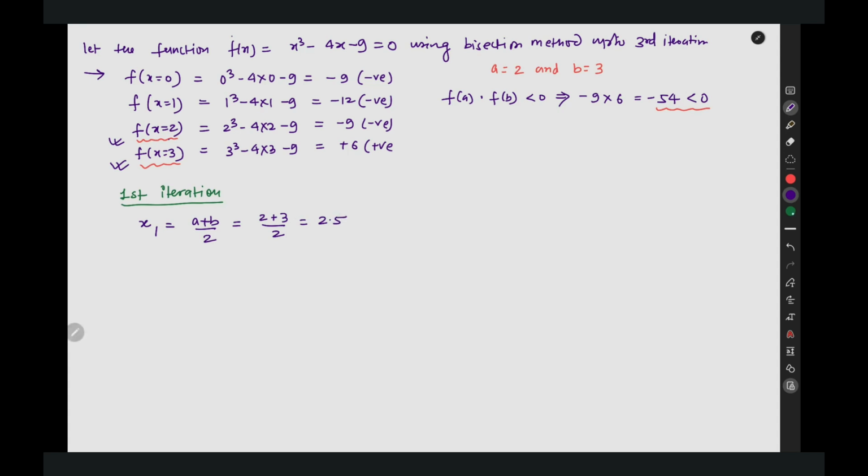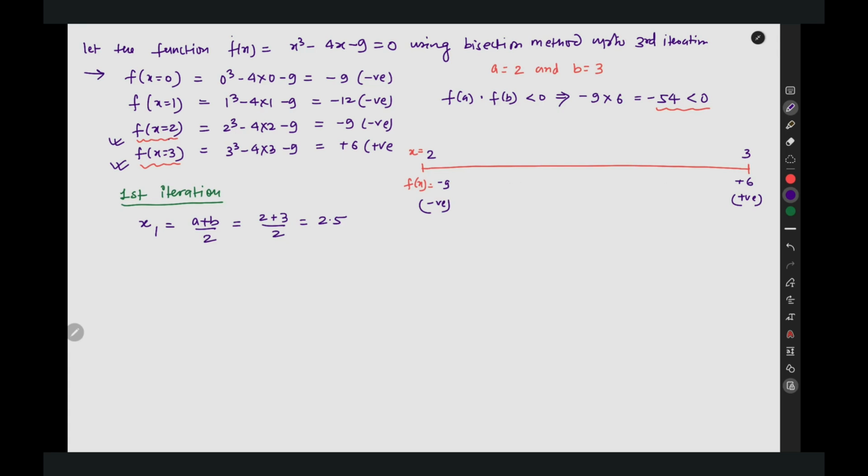Now we will draw a number line. In every question, whenever we will be solving a question by bisection method, we will draw a straight line for number representation. We will start with boundary condition as interval 2 and here 3. f(2), we have minus 9, which is a negative number, and f(3), which is 6, which is a positive number.